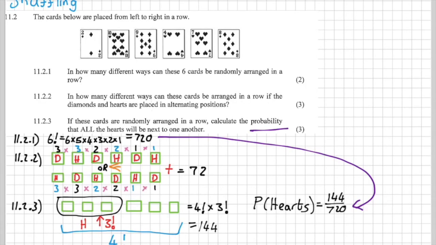So the final answer, ladies and gents, is 144 over 720. So to finish off the sum, we need to calculate the probability of the hearts being placed together.